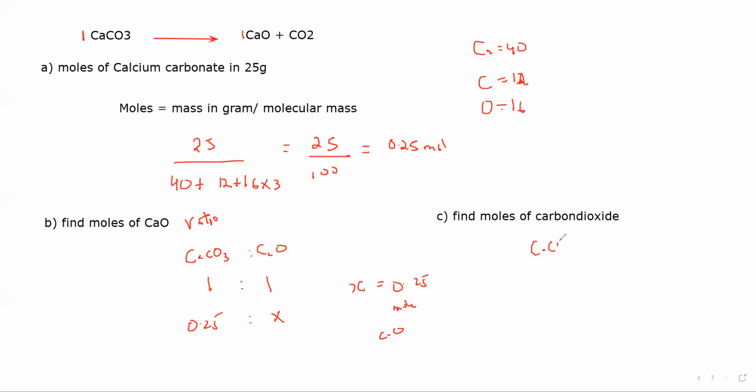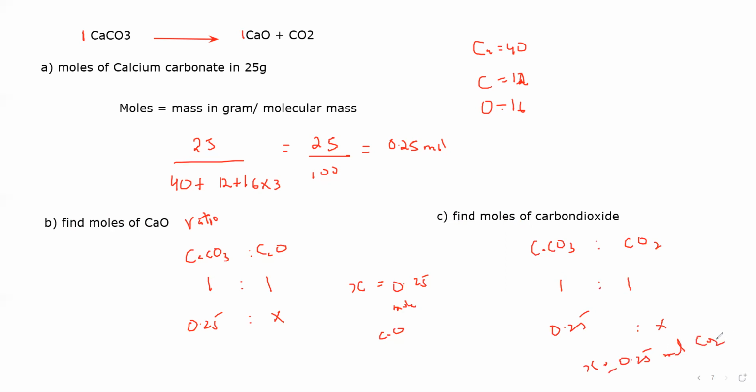So calcium carbonate and carbon dioxide, because no information about carbon dioxide. So again the ratio is 1 is to 1. So if 0.25 is there, this will be the same. So you will get the same 0.25 moles of carbon dioxide.